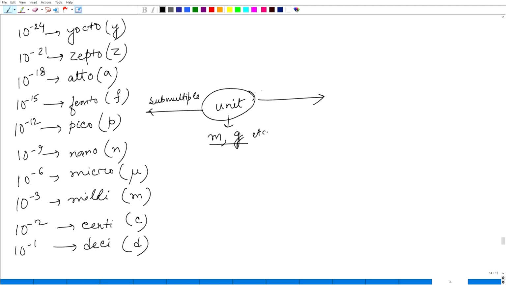Now, on this side, we will talk about the multiples.